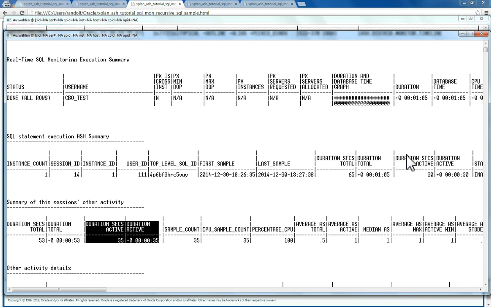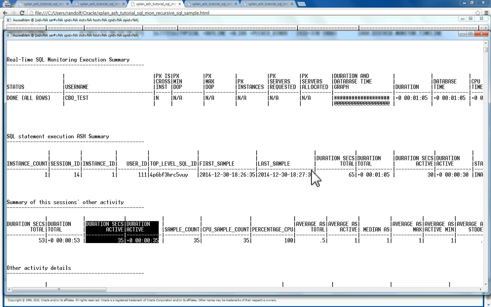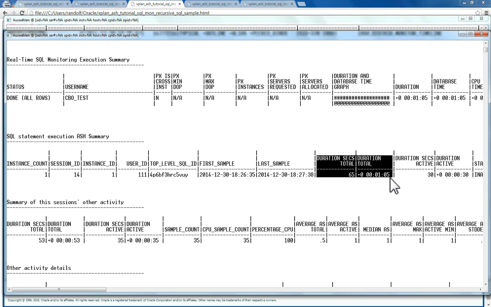These two values together, the 30 seconds here and the 35 seconds here, in this particular case very well fit these 65 seconds of total activity.